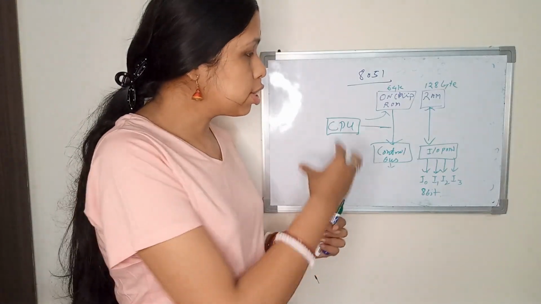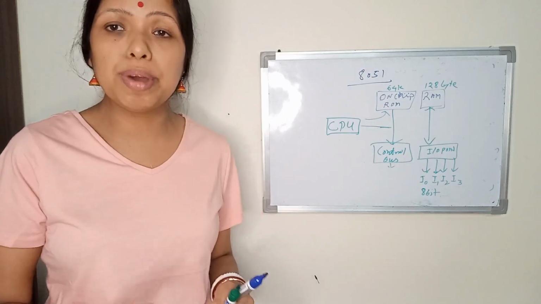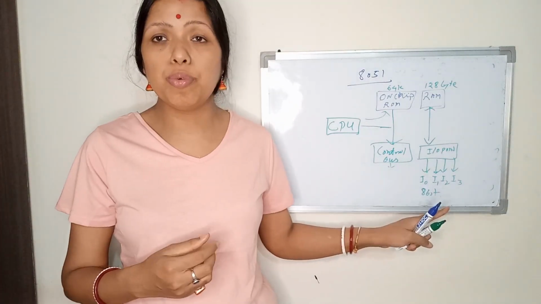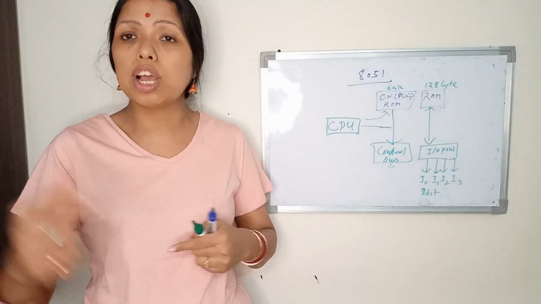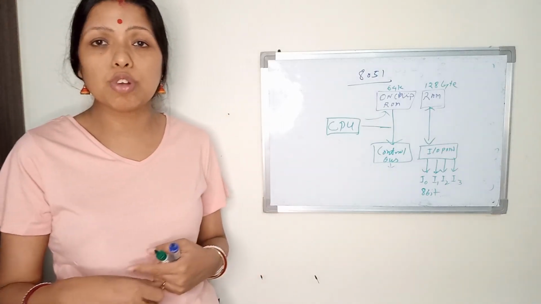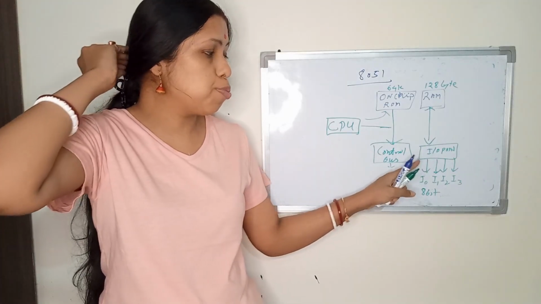This IO port means input output port. If you want to connect some external device, at that time the same port can act as an input port or the same port can act as an output port. Input port means you are giving some information to the external device. Output port means you are collecting some information from the external device. That's why the name is input output port.